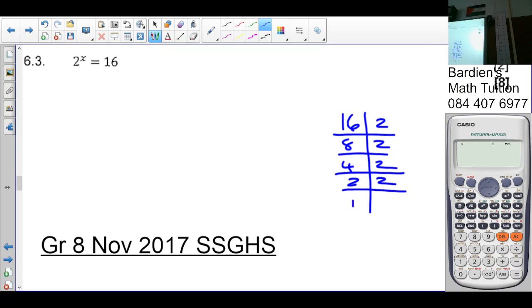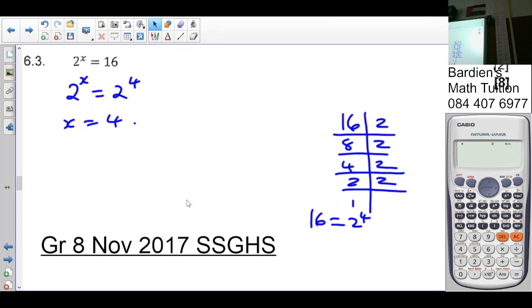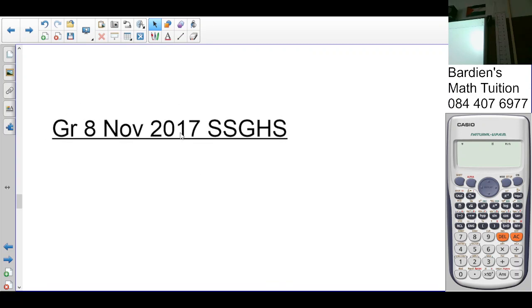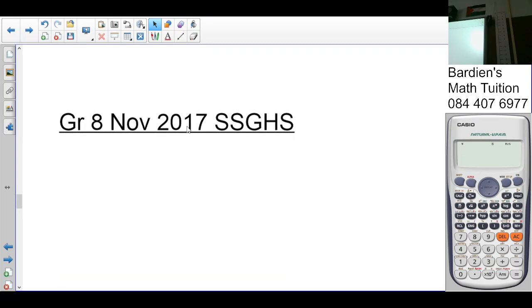So in other words, 16 can be written as 2 to the exponent 4. So 2 to the x is equal to 2 to the 4. So what do you think x is? If you just guessed 4, for your guess you would have gotten 2 marks. Okay. But more about this next year, okay? I don't think we'll put something like that in now for you guys, because that group did that work already.